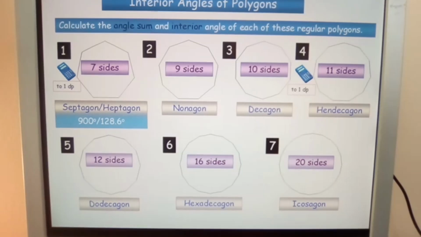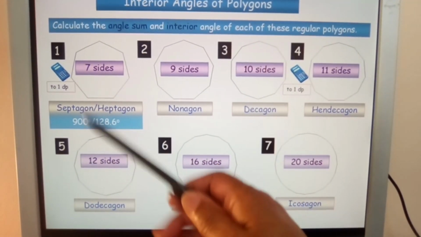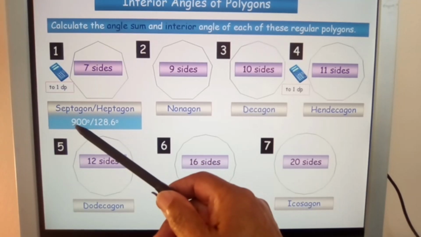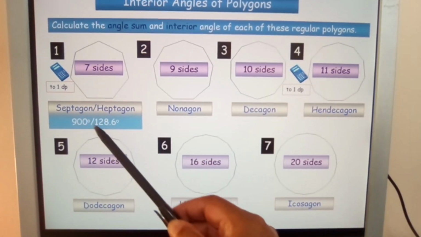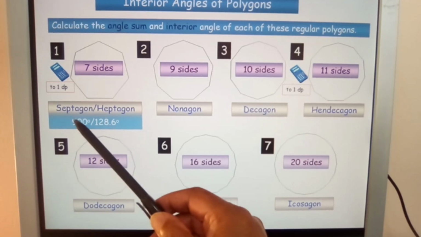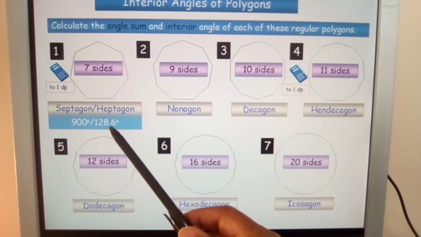This answer here is achieved by dividing this number by this number. Let me repeat that. This answer is achieved by dividing 900 degrees by 7. That gives you that answer.